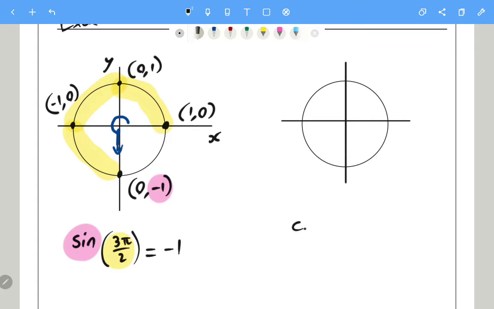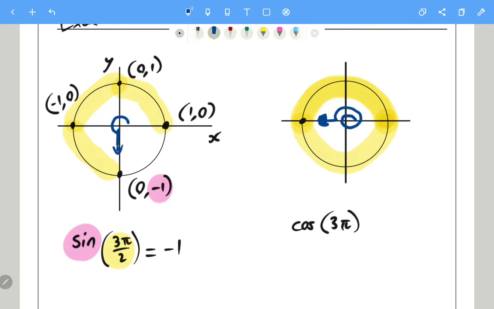Let's have a look at a different one. Let's try and say the cos of 3 pi. Well, 1 pi represents the rotation halfway across the circle. 2 pi would be back to where we started. And a third pi would take us back out to here. And so the angle we would be looking at would be this one here.